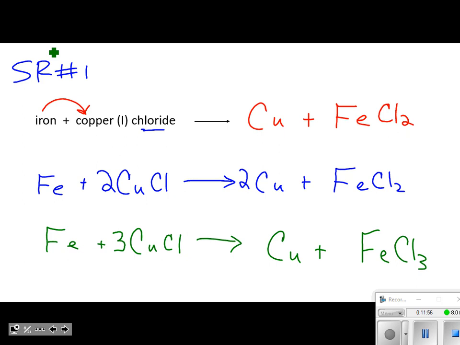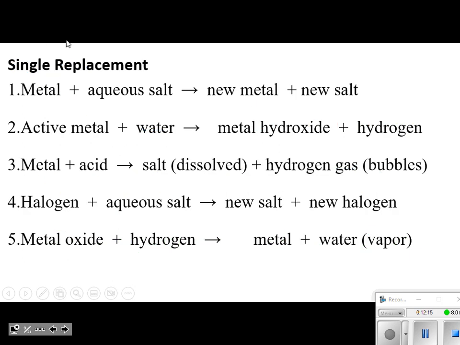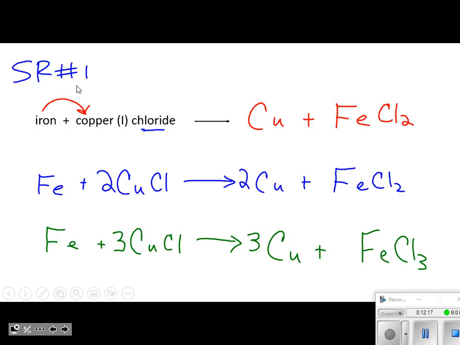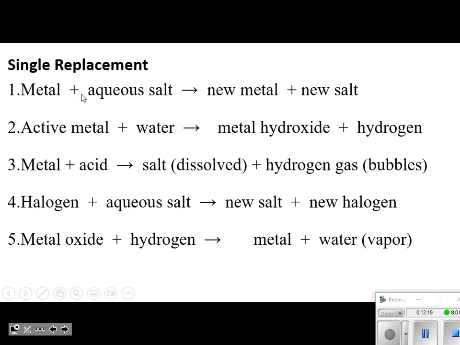Then I'm going to have to put a 3 here to give me 3 coppers. Correct? Any questions on that one? So, sometimes we specifically don't know which particular one it would be. Now, before we move on, I'm going to pause it here a second.